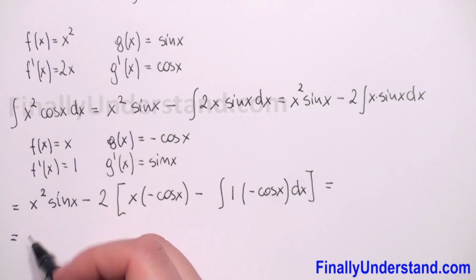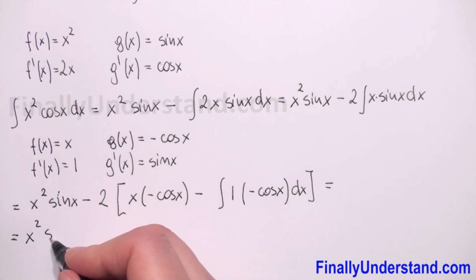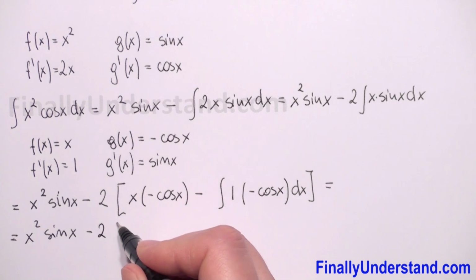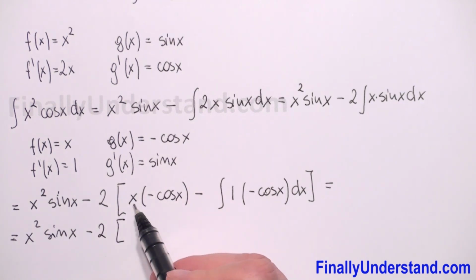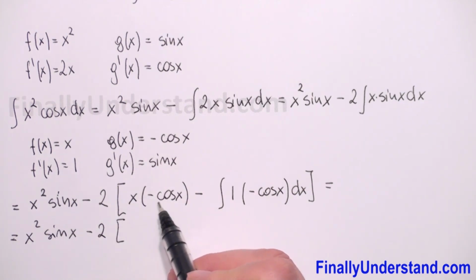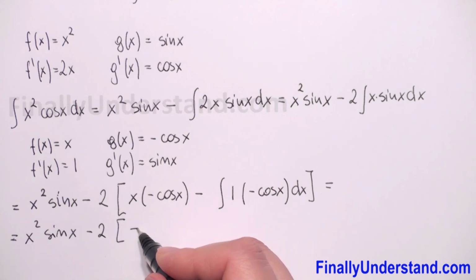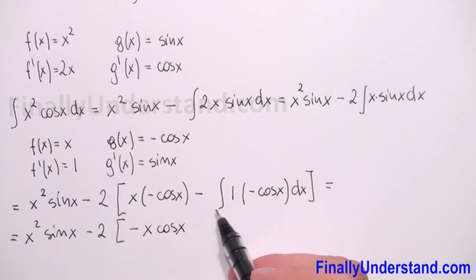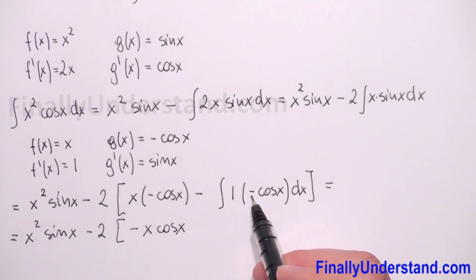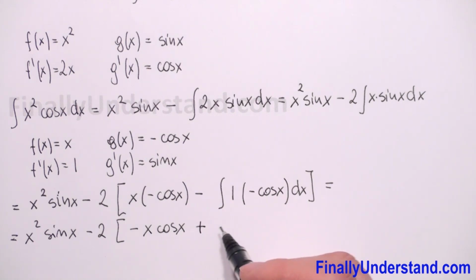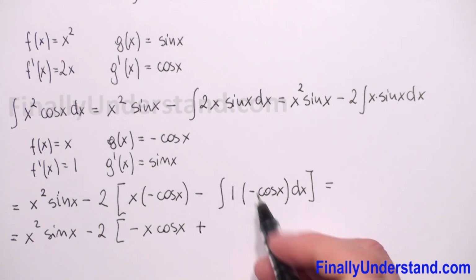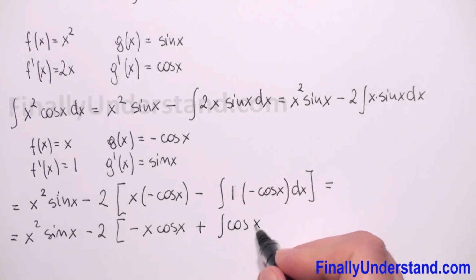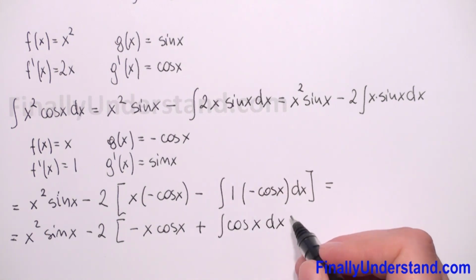This is equal. First we have to copy x squared sine of x. First I will copy negative 2, and in brackets we will have x times negative cosine of x, which will be negative x cosine of x, and negative and negative give us positive. 1 times cosine will be cosine of x with respect to x.